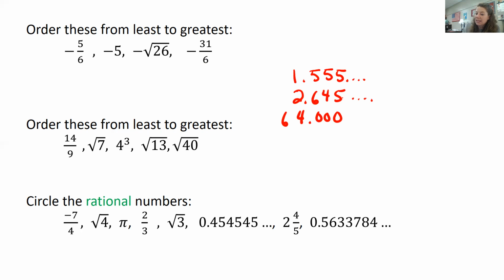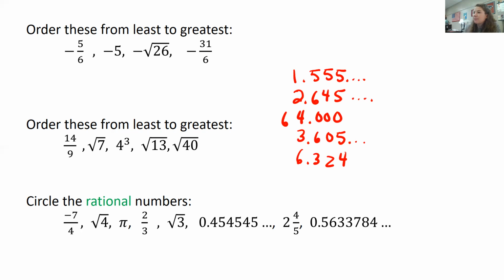Square root 13, second x squared button. Whoops, I put in the wrong number. Square root 13 is double arrows 3.60555. And then square root 40, I get double arrows. I'm going to get 6.324, and so on and so forth.